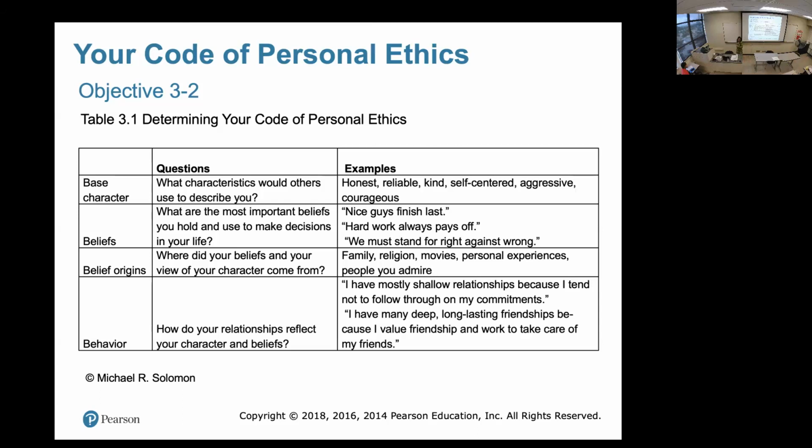These are kind of strange statements, I have to say, from the textbook, because we go through different phases in our lives, and some people are more introverted and have a hard time communicating and working on their relationships. That doesn't mean they're bad people. Just because you're having a hard time connecting with people or keeping your friends doesn't mean you're not an ethical person. So take these statements with a grain of salt.